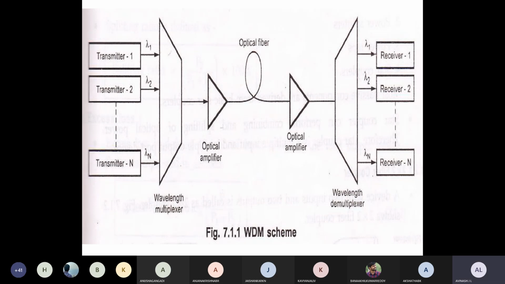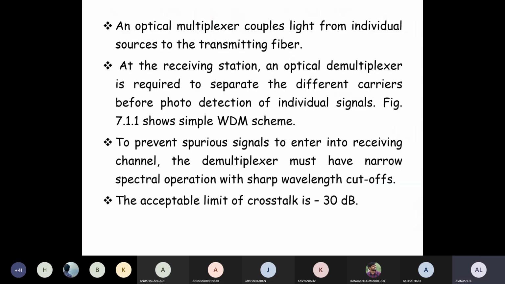Once you have taken this down, I can give the simple explanation for this. The optical multiplexer couples the light from the individual sources to the transmitting fiber. It's a common thing. At the receiving station, an optical demultiplexer is required. Obviously, when you are multiplexing on the left hand side, the transmitting side, on the other side there should be a demultiplexer because we want the signal back correctly.